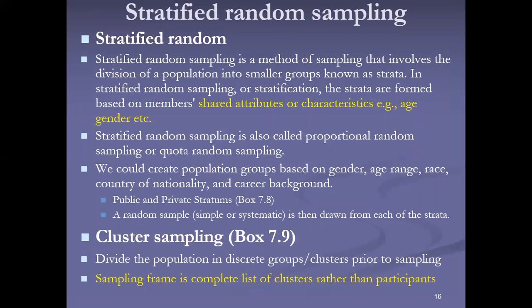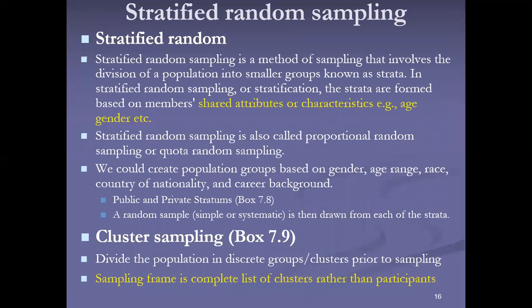Then there is stratified random sampling. Stratified random sampling is a method of sampling that involves the division of a population into smaller groups known as strata. In stratified random sampling or stratification, the strata are formed based on members' shared attributes or characteristics, for example, age, gender.